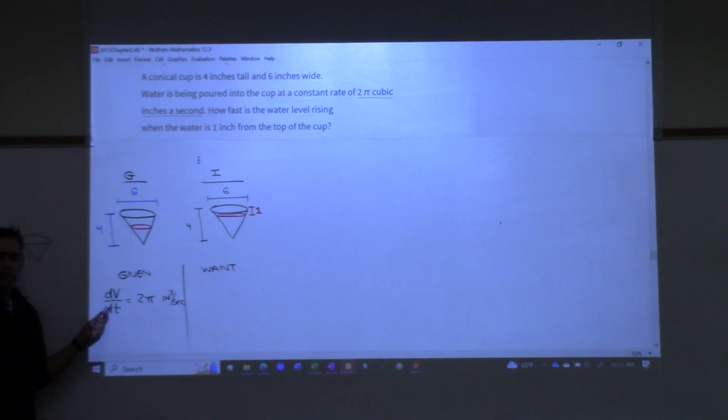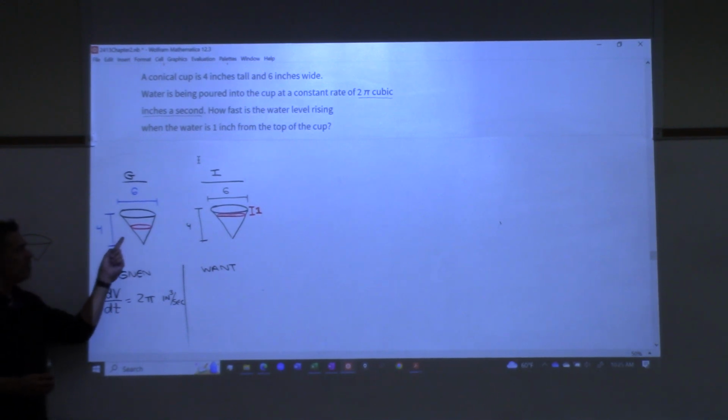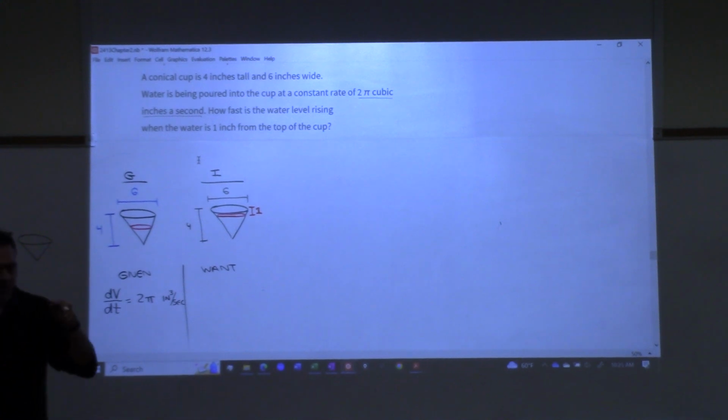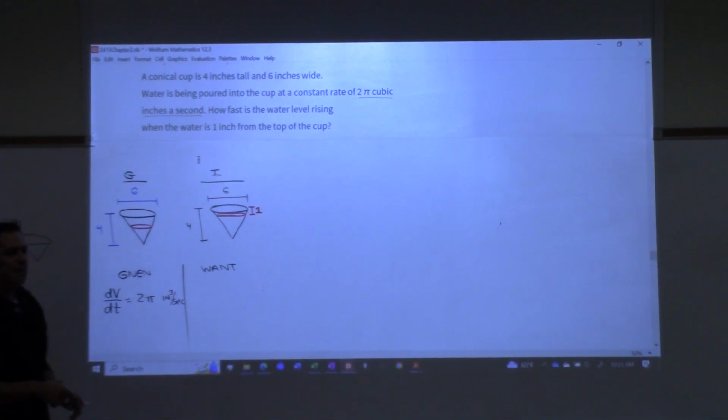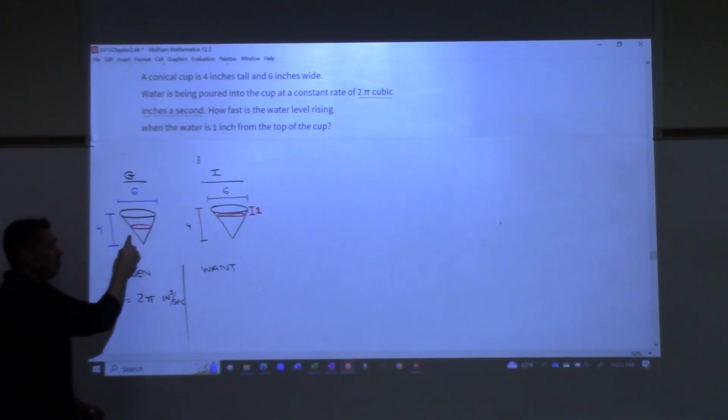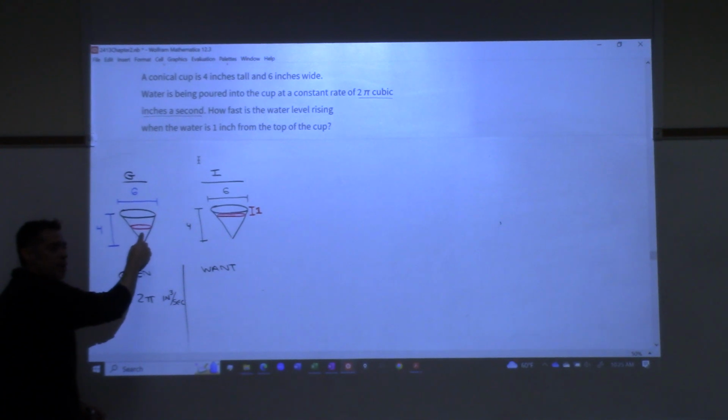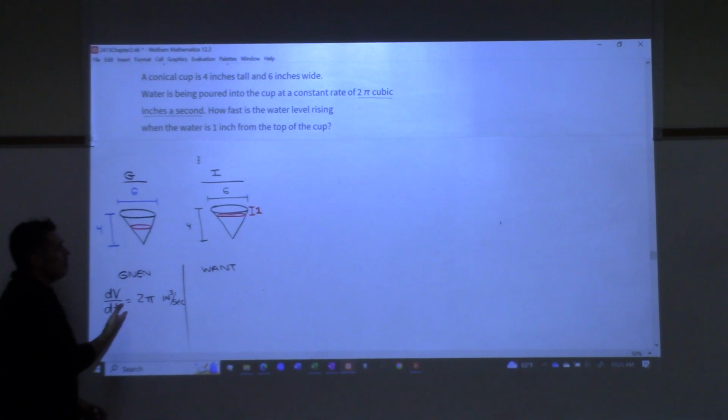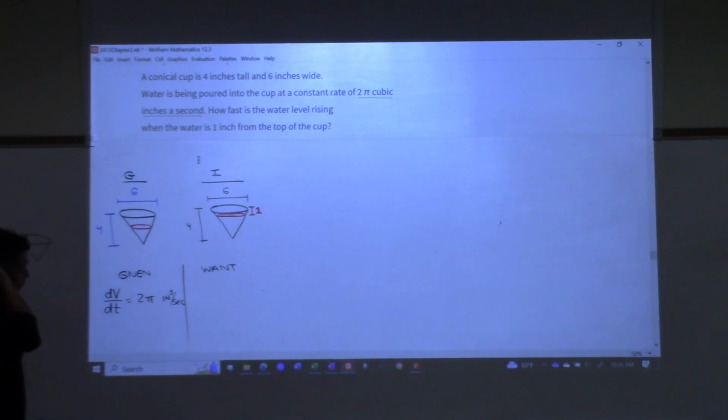Now, V, volume, is not labeled on my picture, right? There's no V labeled because V is not a length of a side or anything like that. V is the volume of the red part. The volume of the water is the V. So I'm given how fast it's filling up. What do I want?